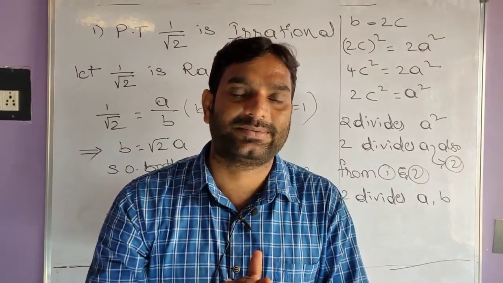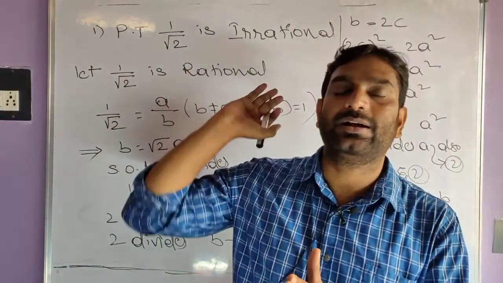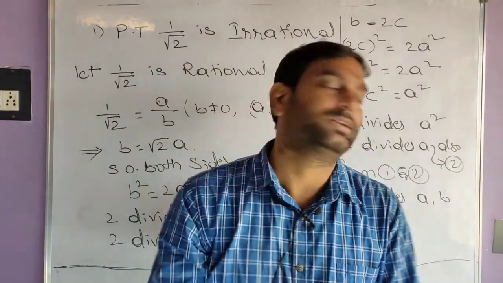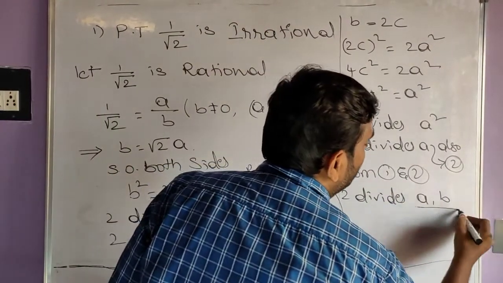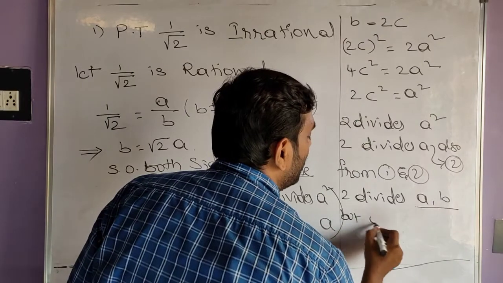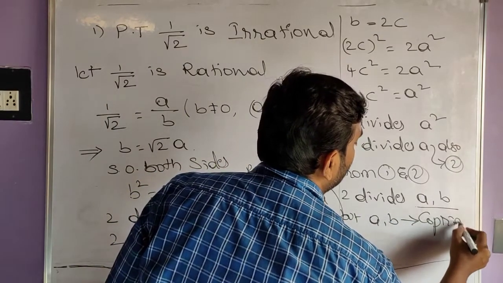It contradicts. What we assumed is absurd, that is wrong. So listen, we got 2 divides a and b, but a, b are co-primes.